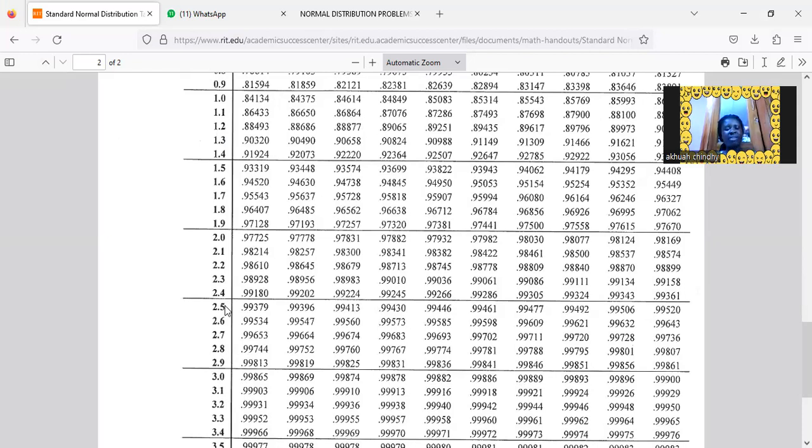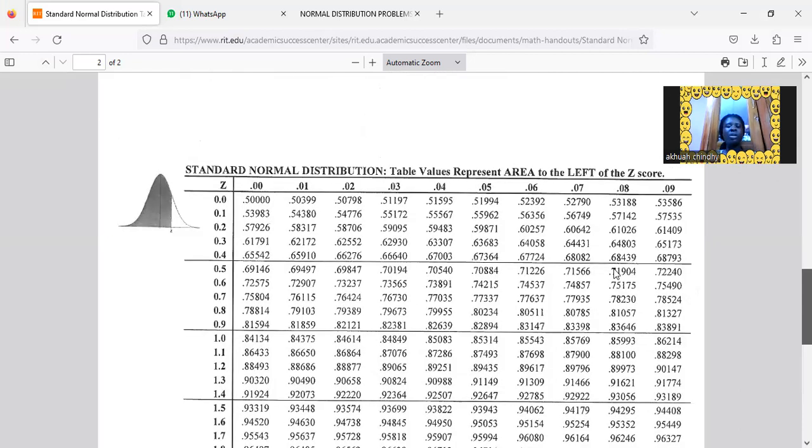So 2.5, then we look for 0.00. You get it? So this is the 0.00. When you add 2.5 to this one, realize that it's still the same 2.50. So we just add a 0 just to get this 0.00 here.